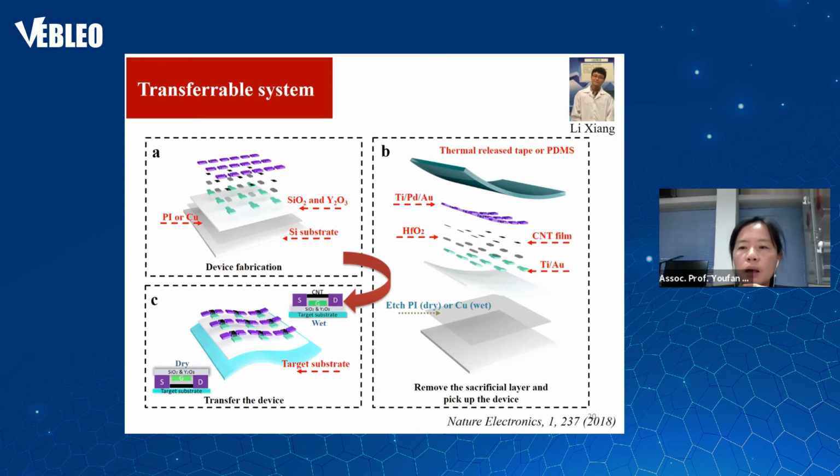In this case, by introducing a sacrificial layer during the fabrication, and after we finish the device fabrication, we eliminate the sacrificial layer by a dry etching or wet etching process, then we can transfer all the devices or the system we fabricated onto the target substrate.